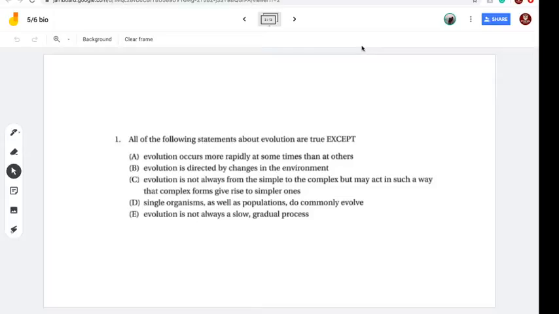First question is that we have to find the exception. So all the following statements about evolution are true except. And I'll give you guys a couple of seconds to look at the question.